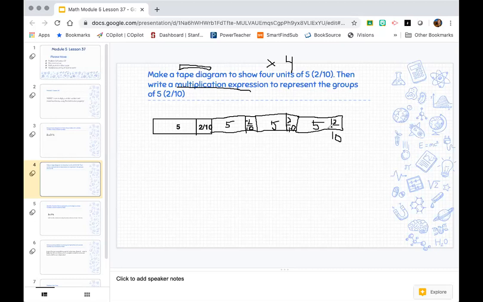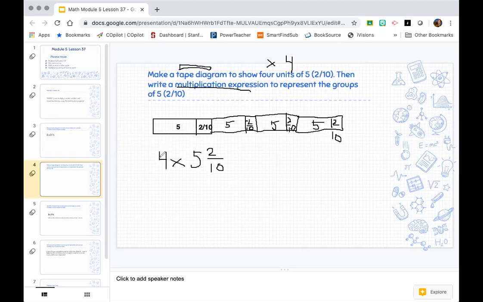So as a multiplication expression, it would be 4 times 5 and 2/10. Right, guys? Because it says show 4 units of 5 and 2/10.